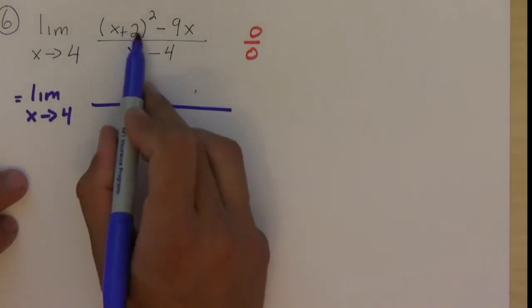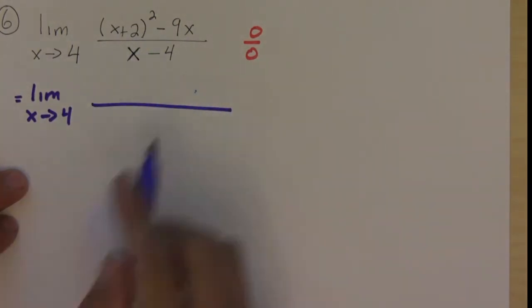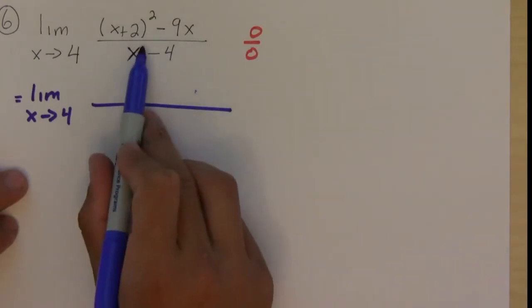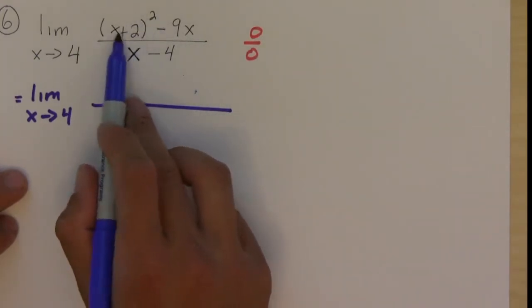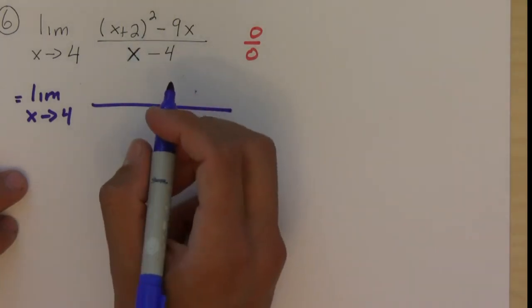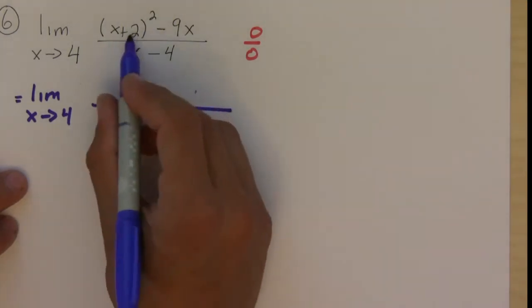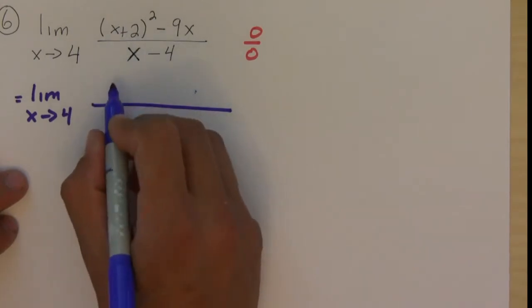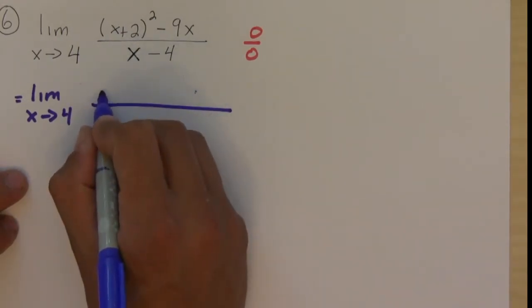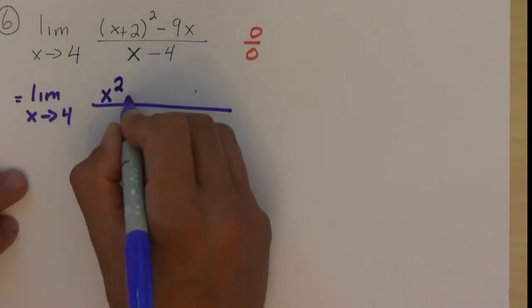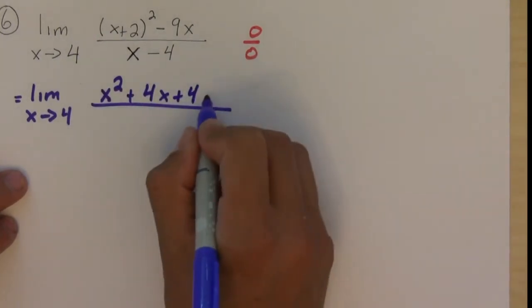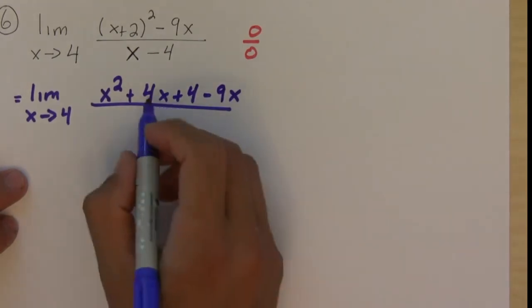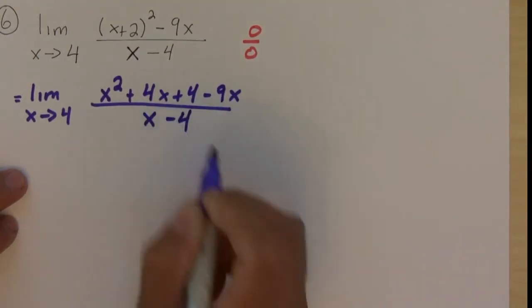Okay, so then in this case, it looks to me like this top is quite funny. Since it doesn't look like anything's factorable right off the bat, why don't we try expanding this binomial that's being squared. And so if I square that guy, I would get x squared plus 4x plus 4 minus 9x over x minus 4.